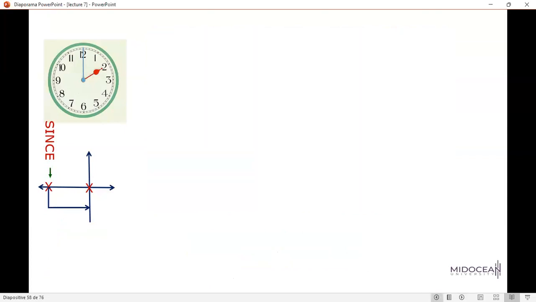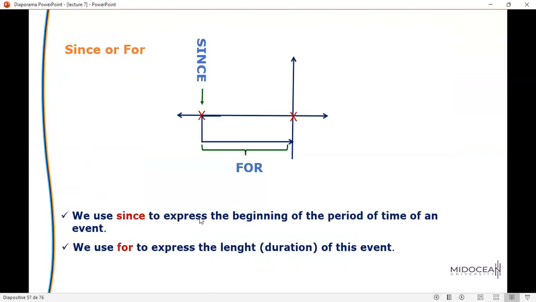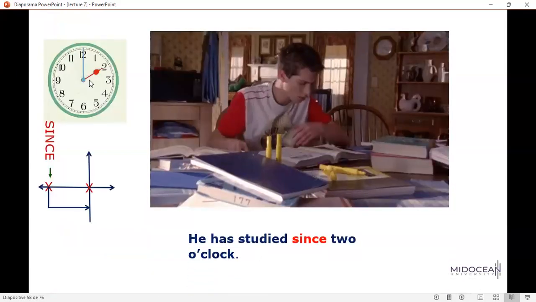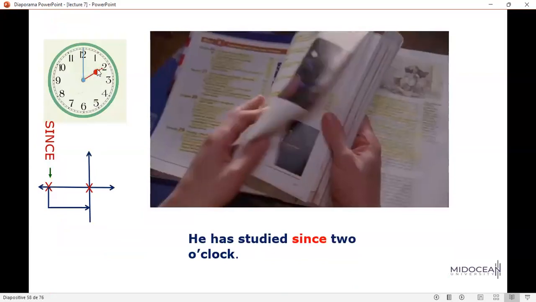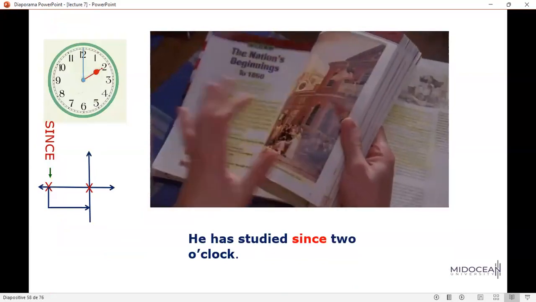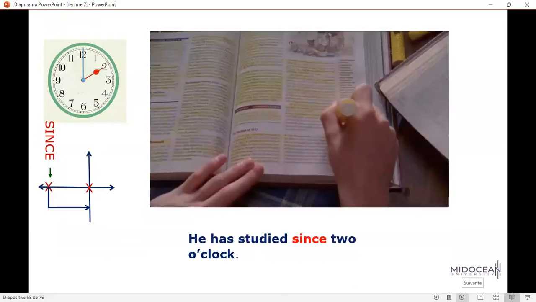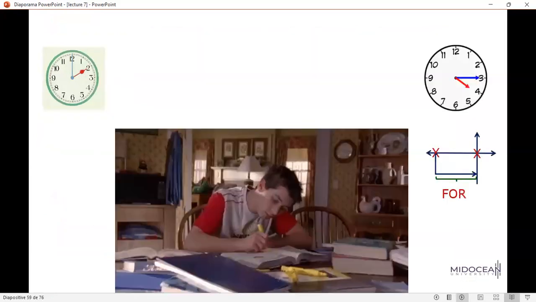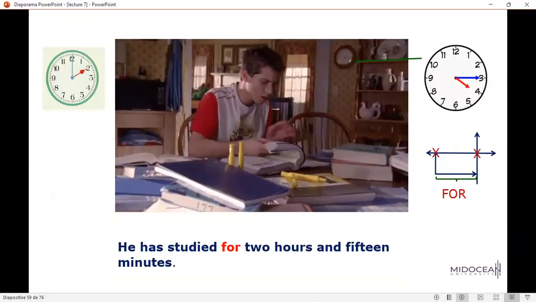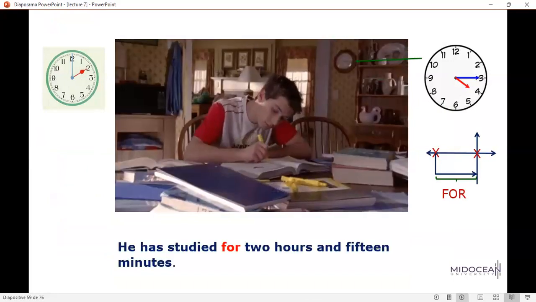So here, since, as I said, it expresses the beginning of the period of time of an event. Okay, so he has studied since 2 o'clock. Example number 2, for.